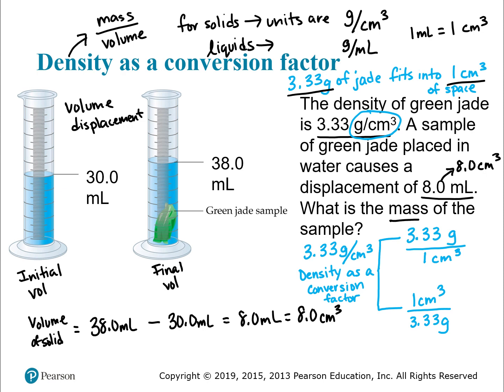Good. That's what we're getting to. So we've got our two conversion factors and we need to choose one of them to convert our volume to a mass. So you're absolutely on the right track.